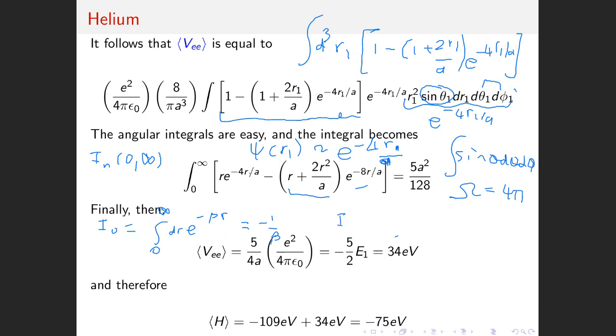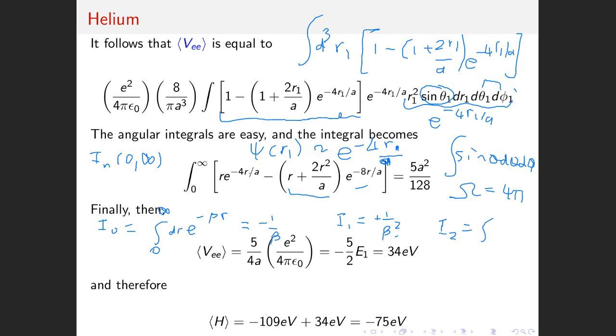Then I1: to get I1, you differentiate I0 with respect to beta. When you differentiate the exponential, that brings down a factor of r. So I1 will just be differentiated. You get minus, I think, 1 over beta squared, and then I2.